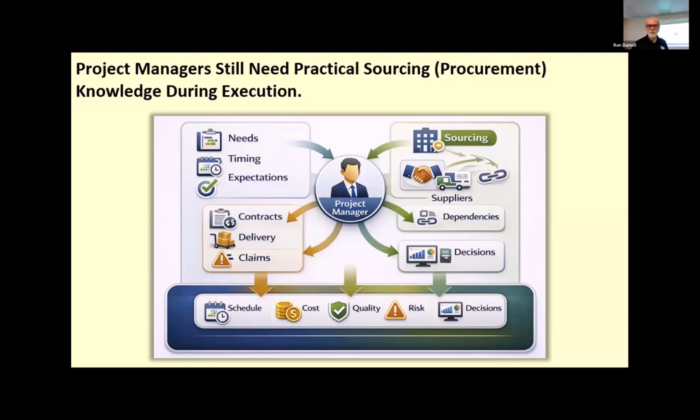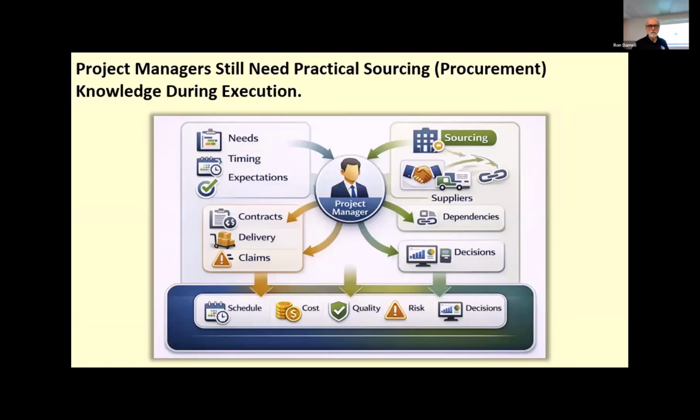Schedules can slip, costs can rise, risk can increase, and stakeholder confidence can erode. That means the project manager needs enough understanding of sourcing and procurement execution to coordinate effectively, escalate issues appropriately, and make informed decisions.